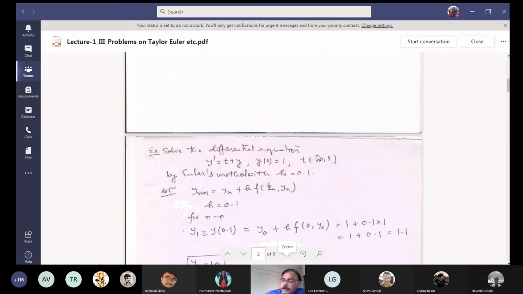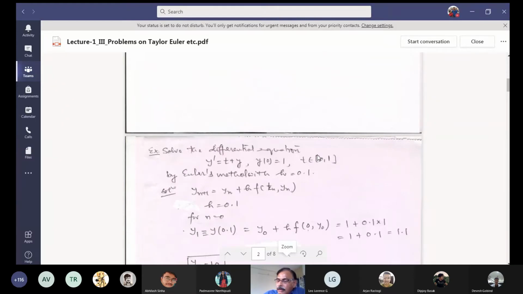Yes, sir. So the first step will be at the point x1, which is 0.1. At the point x1, the solution will be your y1, that is y at the point 0.1. This value will be what? y0 plus h, that is 0.1, into y0 which is also 1.